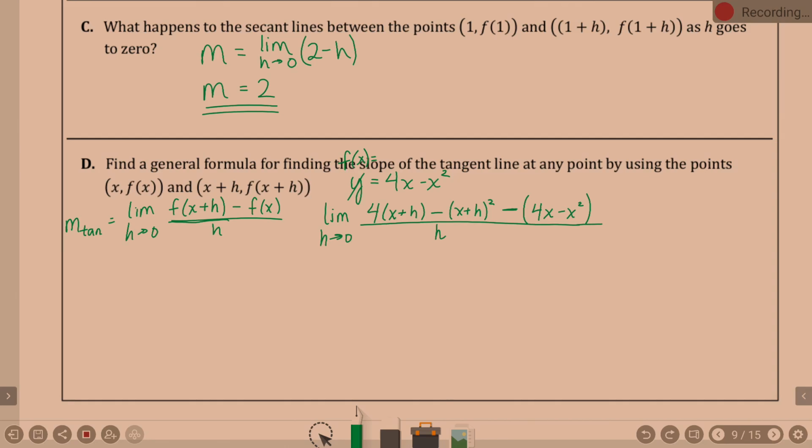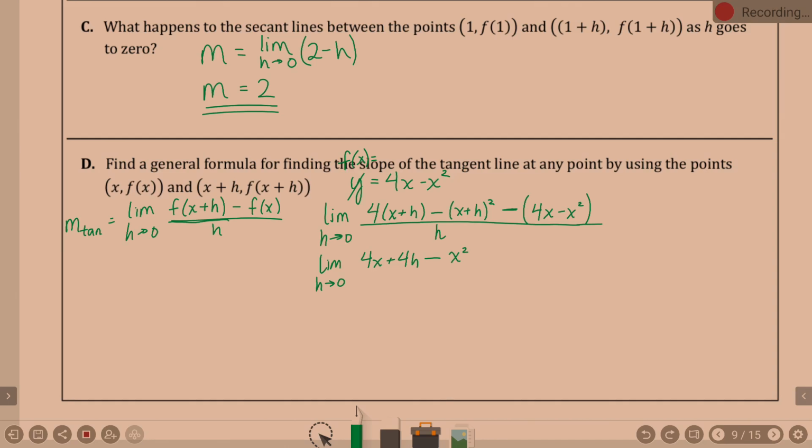The limit as h approaches 0. Distribute: 4x plus 4h minus, when you do the x plus h squared, remember, it's minus x squared.